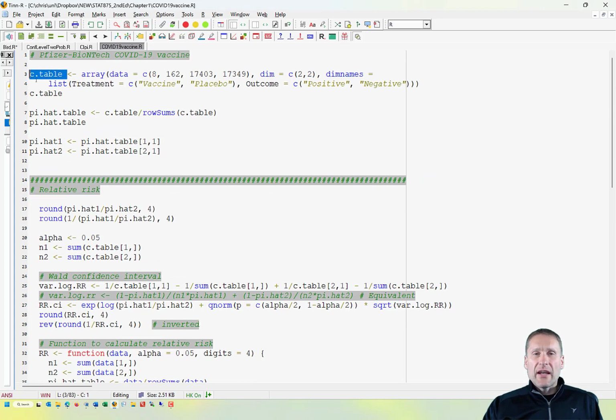So I'm going to put the data into a contingency table. I'm going to call it C.table for the lack of a better name. I could call it something else if I wanted to. Just to review, I use the array function where the data argument allows me to put in my data by column. It's a 2x2 table. My dimension names, in other words, the names of the rows and the names of the columns, are for my rows first the treatment that people are being given, meaning they either received the vaccine or they received a placebo.